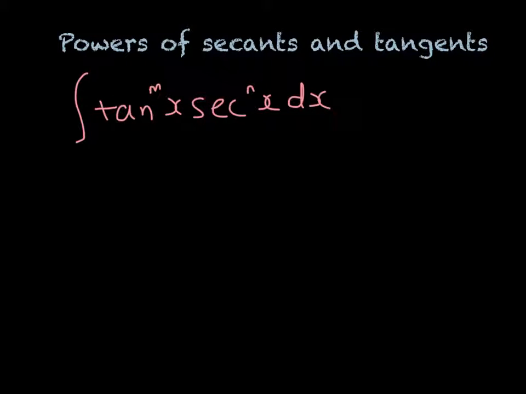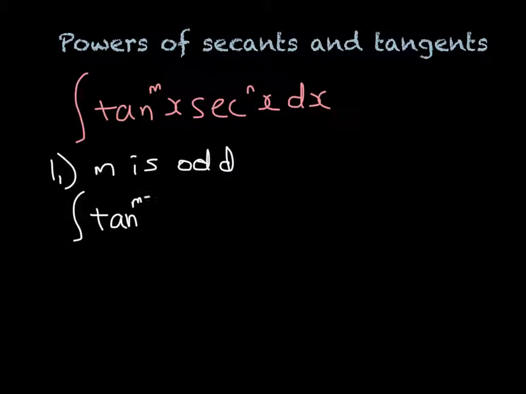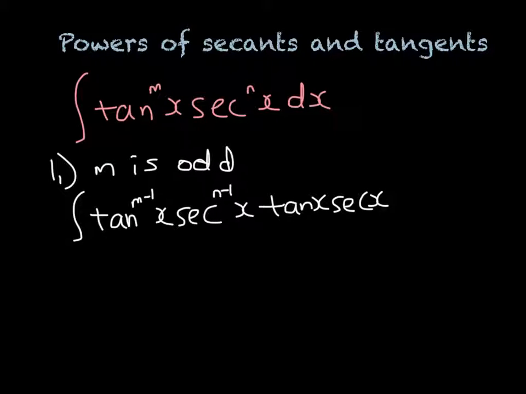Case 1, if the power on the tangent is odd, so m is odd, then what we can do is strip out a tangent along with the secant, meaning we would have tangent to the power of m minus 1 x, secant to the power of n minus 1 x, and then tangent x, secant x, dx.